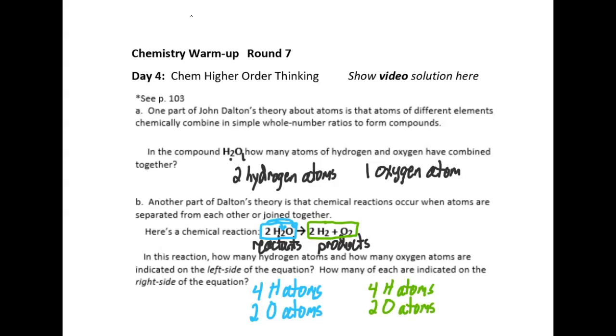Again, anytime there is a coefficient shown in a chemical equation, that coefficient is multiplied to the subscript numbers to indicate the number of atoms. 2 times 2 is 4 hydrogen atoms. But in front of the O2, there is no number shown. We can think of it as saying that there is 1 O2, and 1 times 2 makes 2 oxygen atoms.